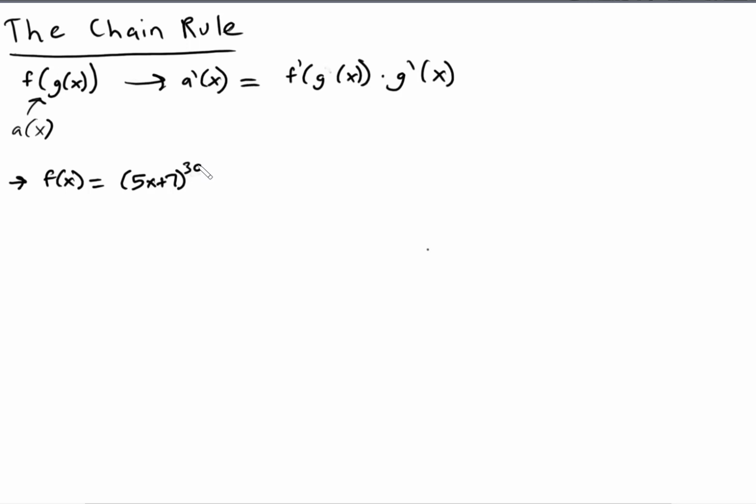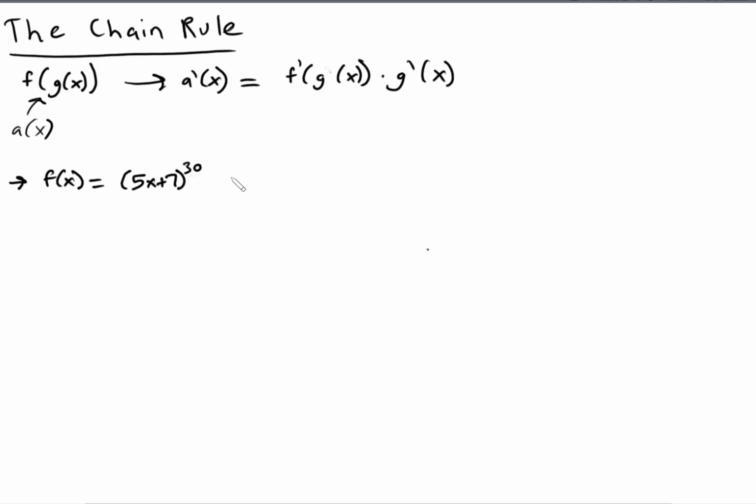Now, if it were squared, you could expand (5x + 7) squared and take the derivative once you've expanded all the terms. But like I said, just to prove a point, if it's the 30th power, you really don't want to multiply a binomial 30 times.